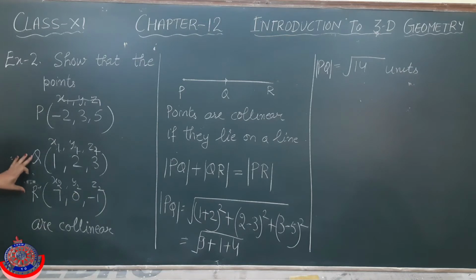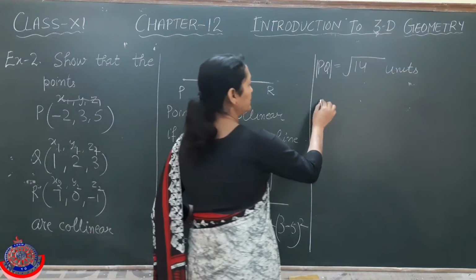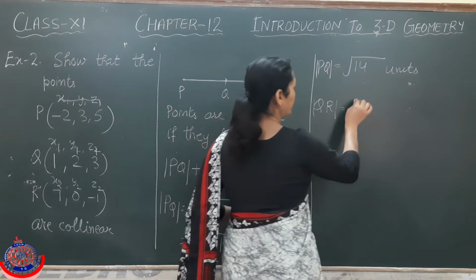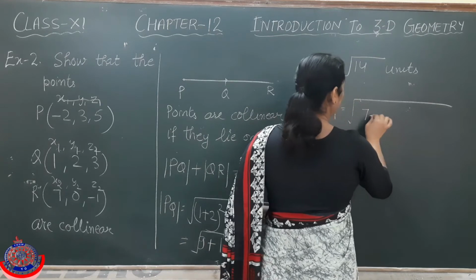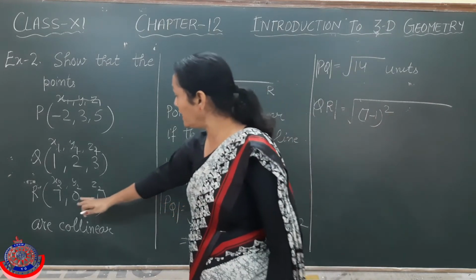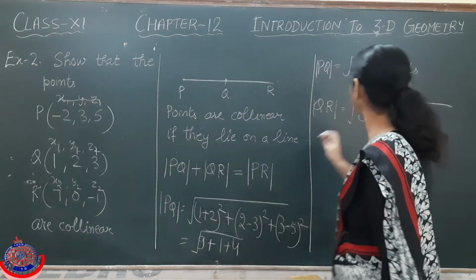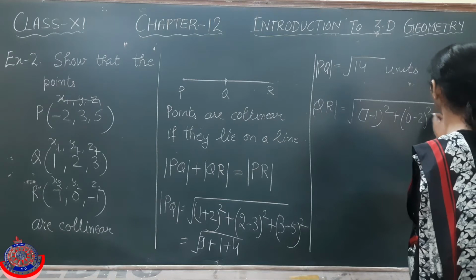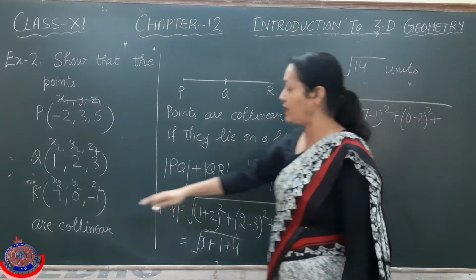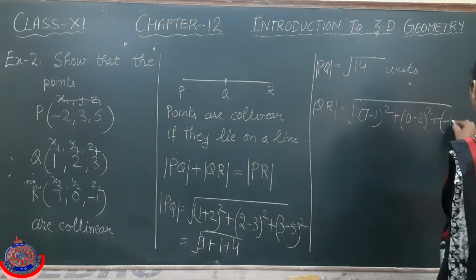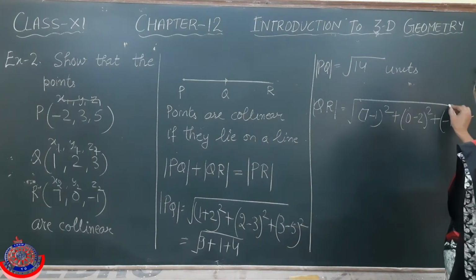So distance between Q and R will be 7 minus 1 whole square, then 0 minus 2 whole square, and minus 1 minus 3 whole square.